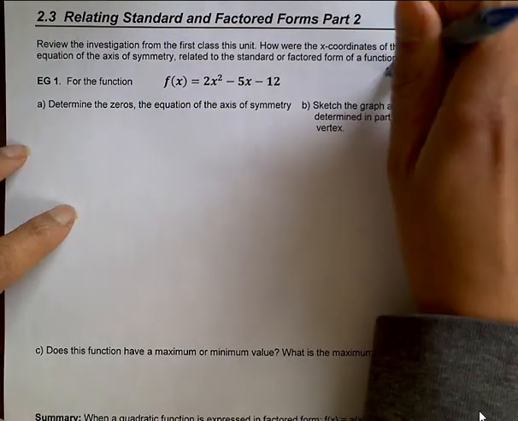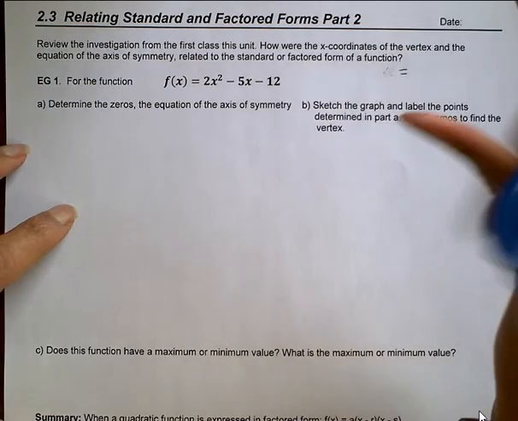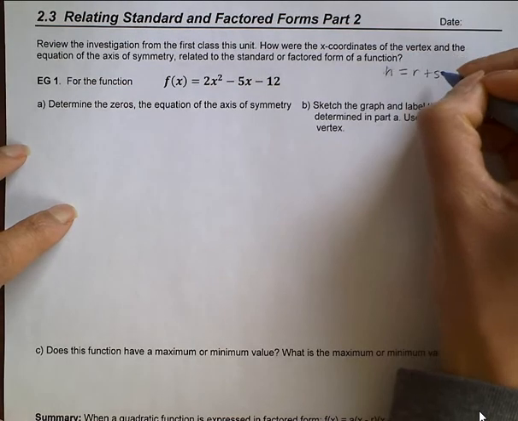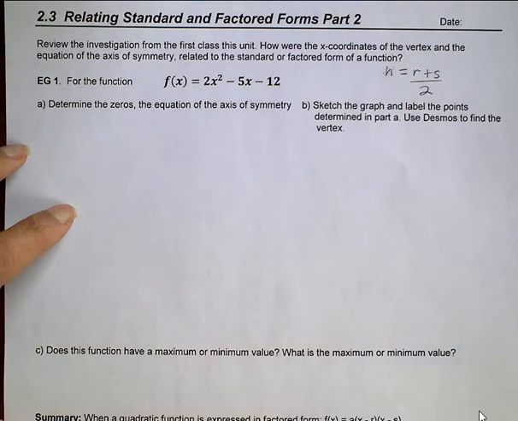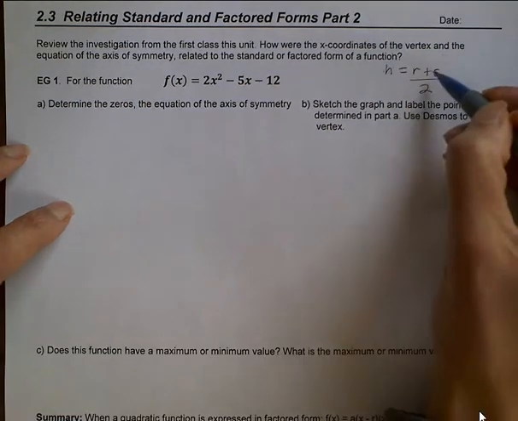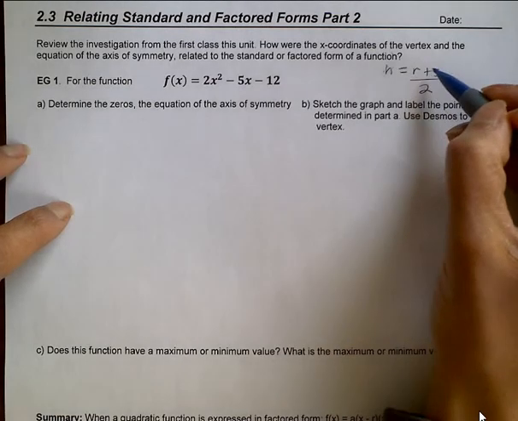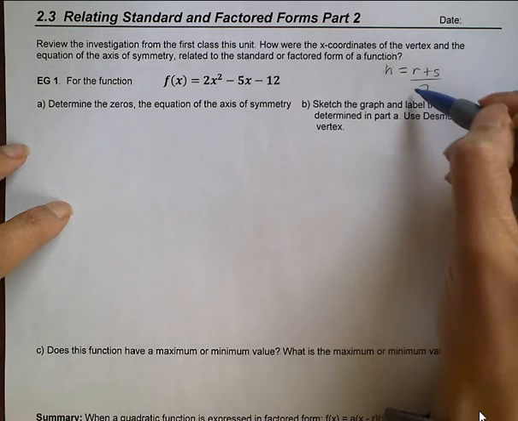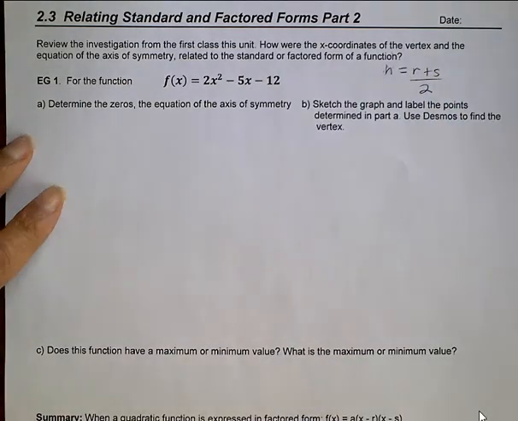I think I'm going to change it to an h. We take our two x-intercepts, r and s, add them together, and divide by 2, because the vertex is always in the middle of the two x-intercepts. So the x-coordinate of the vertex and the axis of symmetry is always right in the middle. And again, this formula gives us the mean of the x-intercepts.